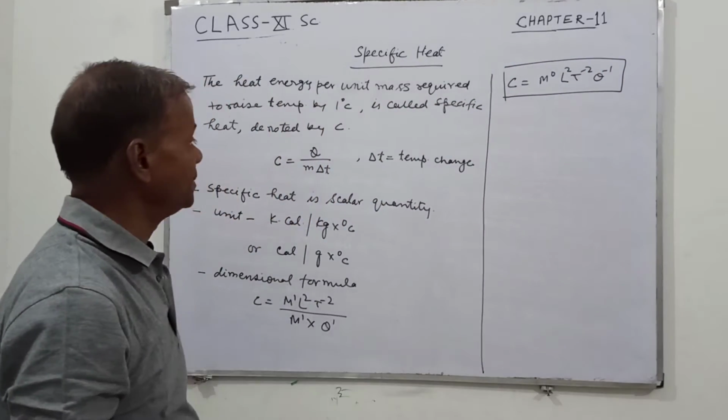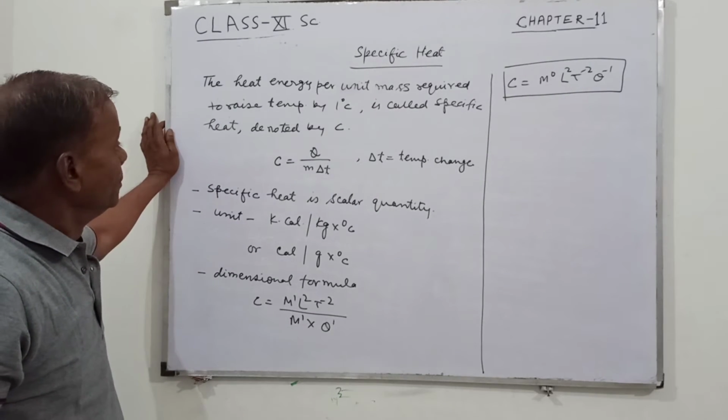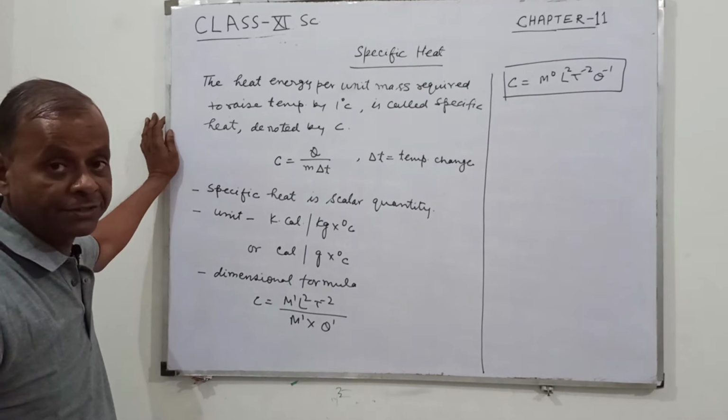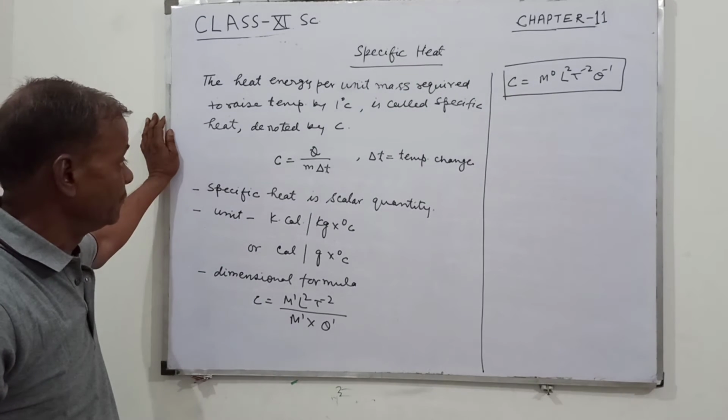So whenever there is change in temperature, then there is the specific heat. And when there is no change in temperature, then specific heat does not exist, or it becomes infinite.